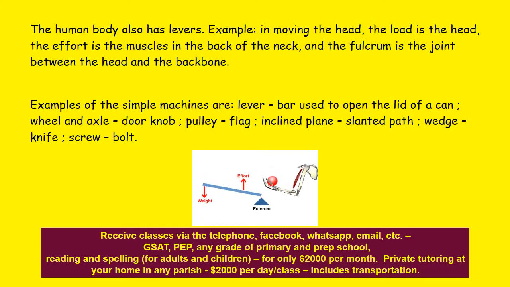When you lift the flag, that would be a pulley. The inclined plane would be a slanted path, like what we showed coming from the truck. The wedge is a knife. And screw is a bolt, something that you use to screw and hold the doors together, or hold machines together.